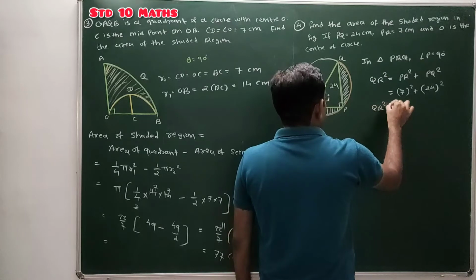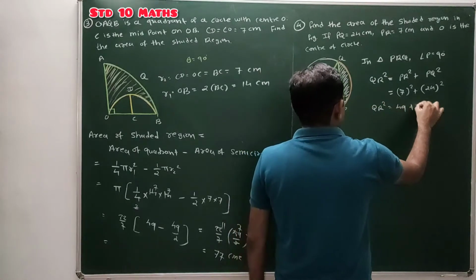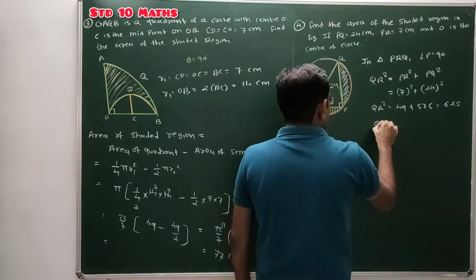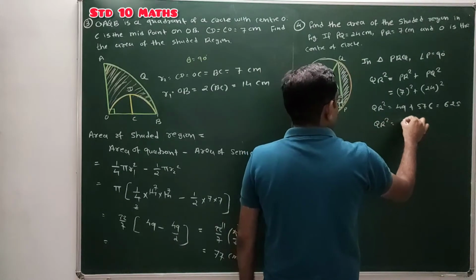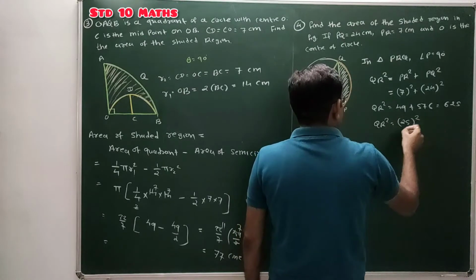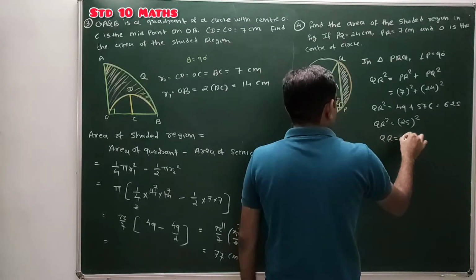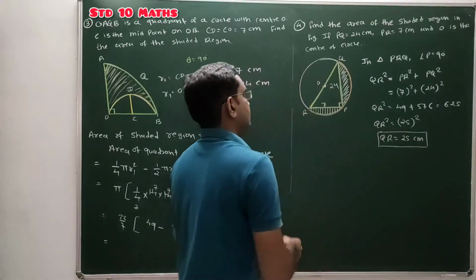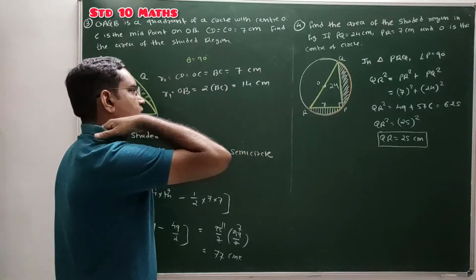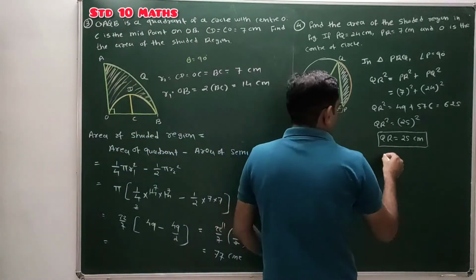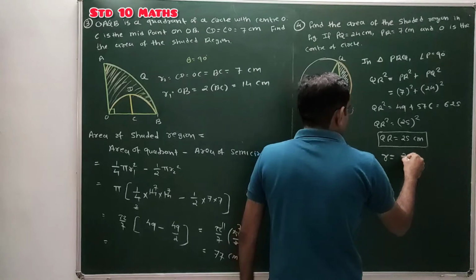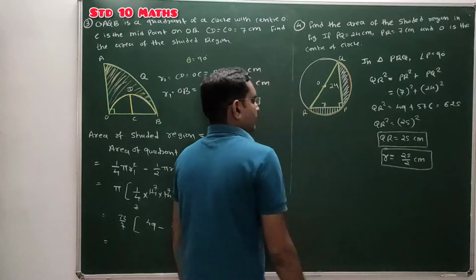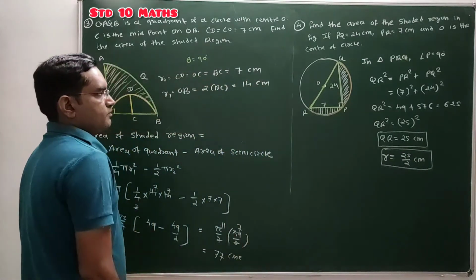So QR square equal to 49 plus 576 equal to 625. So QR square equal to 25 square, and hence QR equal to 25 centimeter. So radius of the circle is half of the diameter, 25 by 2 centimeter.